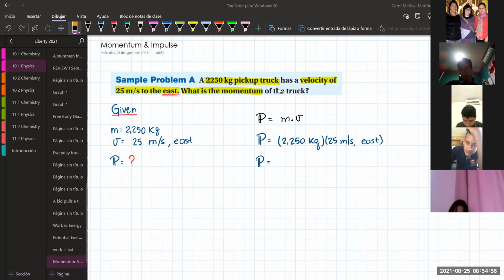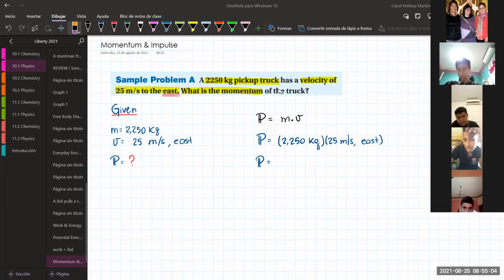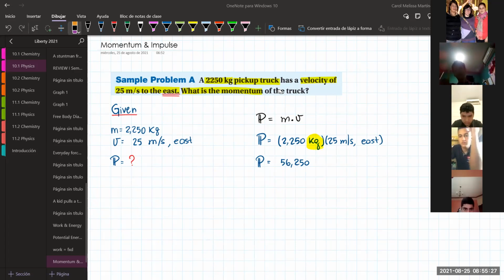So, what is this? I got 56,250. And remember, the units for momentum are going to be kilograms because of the mass and meters per second because of the velocity.